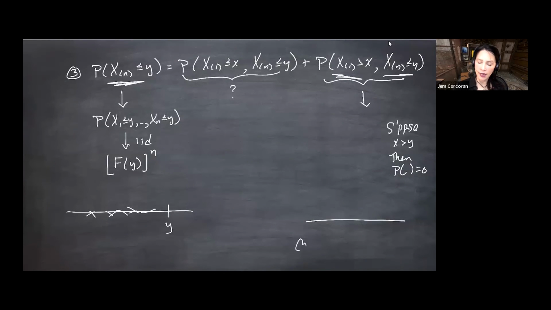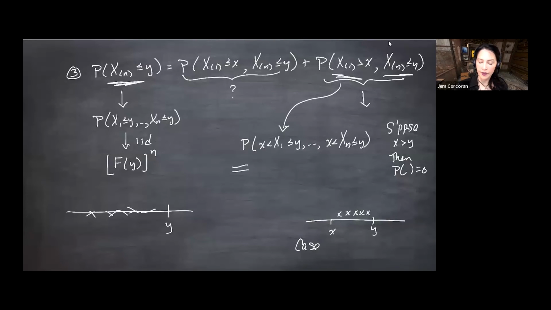So in the case that x is less than y, then this event says the minimum is above x and the max is below y, and that says they're all in here. And so this, more messiness, is the probability that every one of them is between x and y.